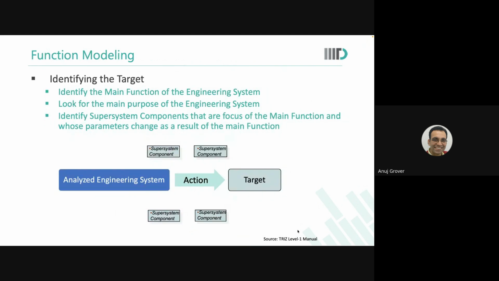So, to identify the target, you have to look at the main function of the engineering system. What is the main purpose for which this engineering system exists? For example, the pesticide spray machine. What is the main function of this?